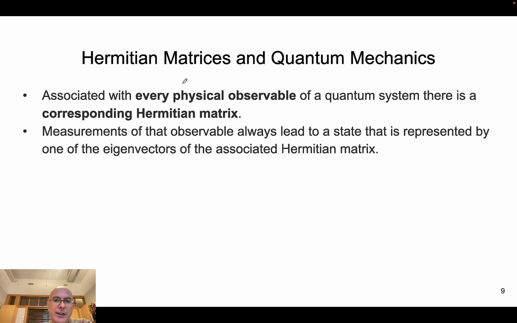It turns out that in quantum mechanics, associated with every physical observable of a quantum system, like position or momentum, there is a corresponding Hermitian matrix. So we can always express every physical observable using a Hermitian matrix. A measurement of that observable always leads to a state that is represented by one of the eigenvectors of the associated Hermitian matrix.